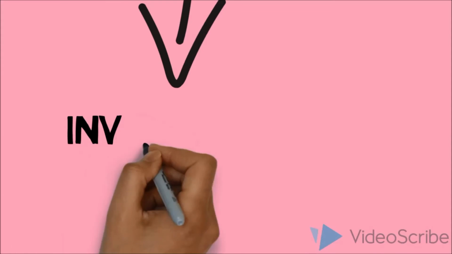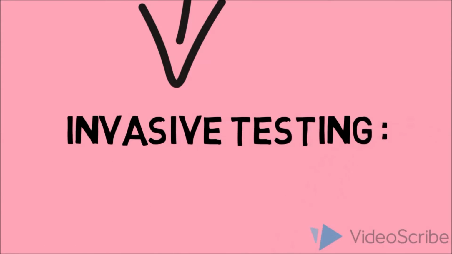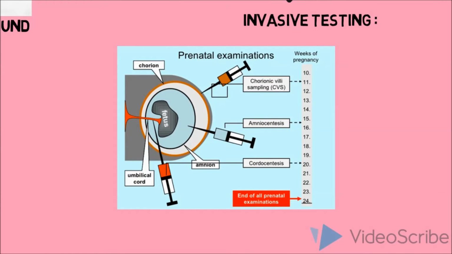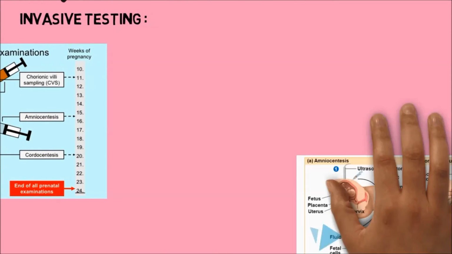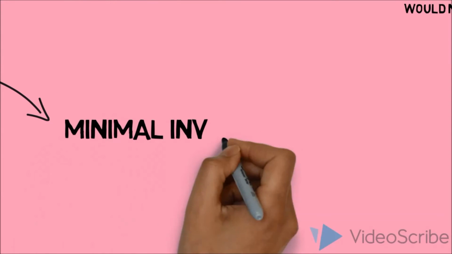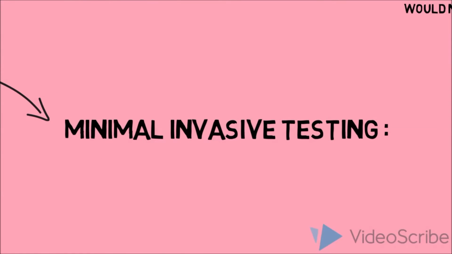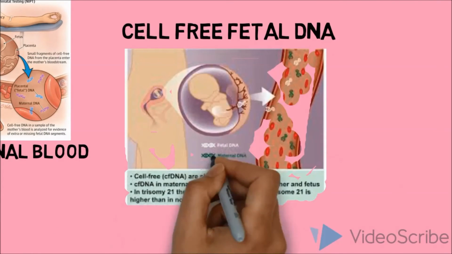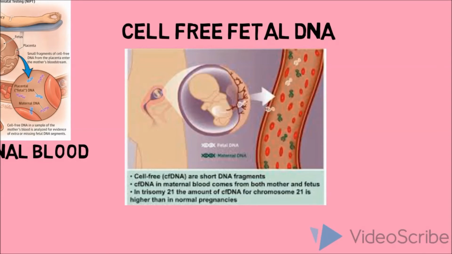Meanwhile, invasive testing involves the introduction of instruments or other objects into the body or body cavity, either via chorionic villi sampling or CVS, amniocentesis, or cordocentesis, and is then followed by karyotyping. And the last one is minimally invasive testing, which is performed through tiny incisions instead of a large opening, using maternal blood or cell-free fetal DNA in order to identify abnormalities that occur in the fetus.